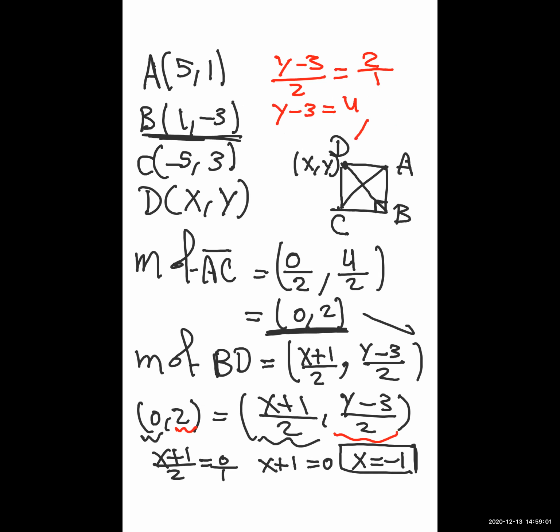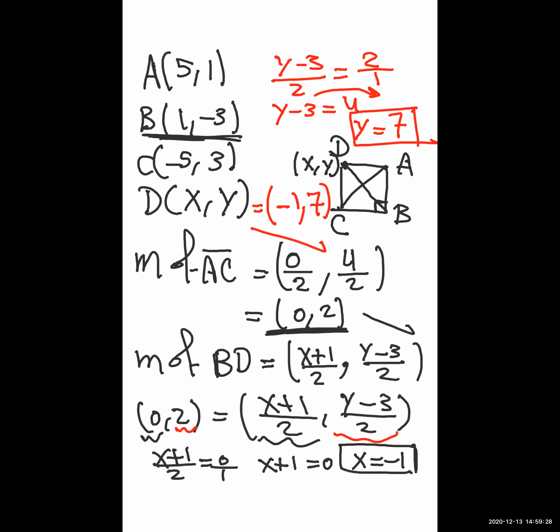So simply, guys, Y will equal, shift this number to the other side with different sign. It's negative 3, so it will be positive 3. 4 plus 3 means Y will equal 7. So the point D will equal X is negative 1 and Y equals 7, so (-1, 7). That's it. Are we clear till now, guys? Yes.